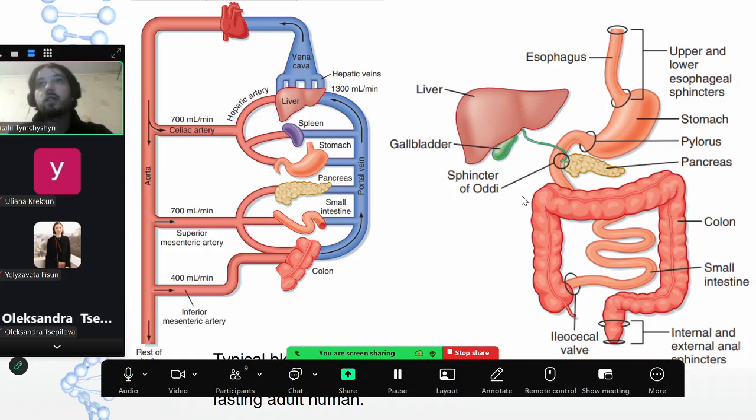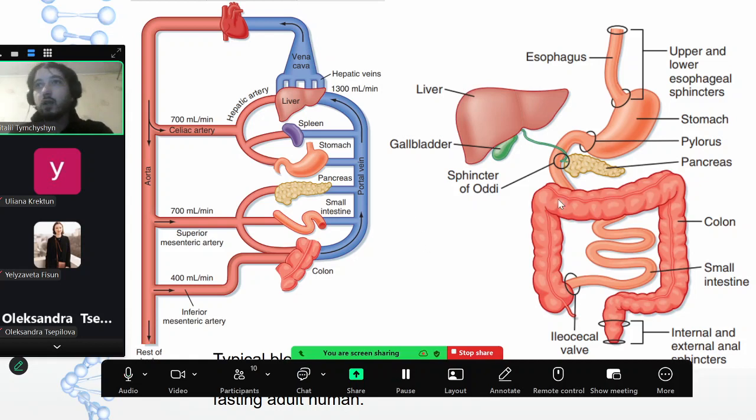Here bile salts are transported to the small intestine, and they perform the work of emulsifying the different lipids. They should be emulsified to be transported to the bloodstream and then processed into something useful for our organism. So here you see that point of entrance.